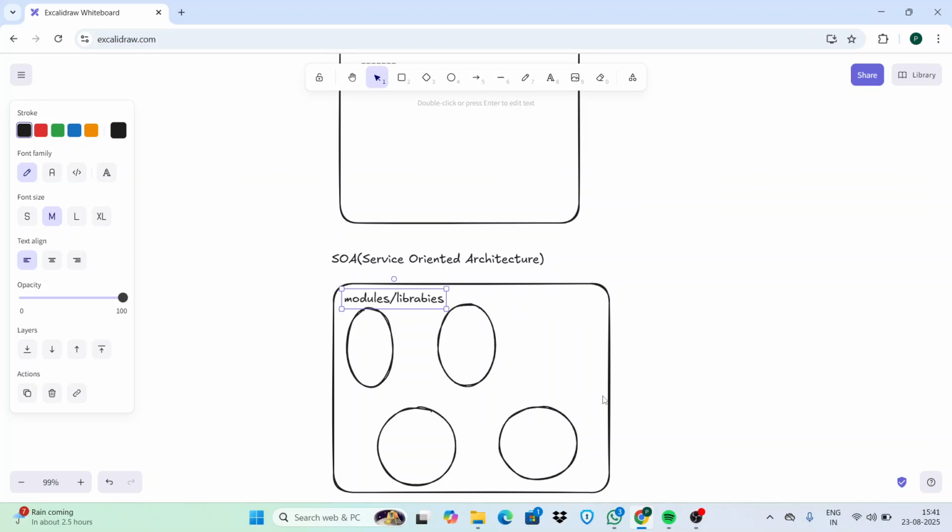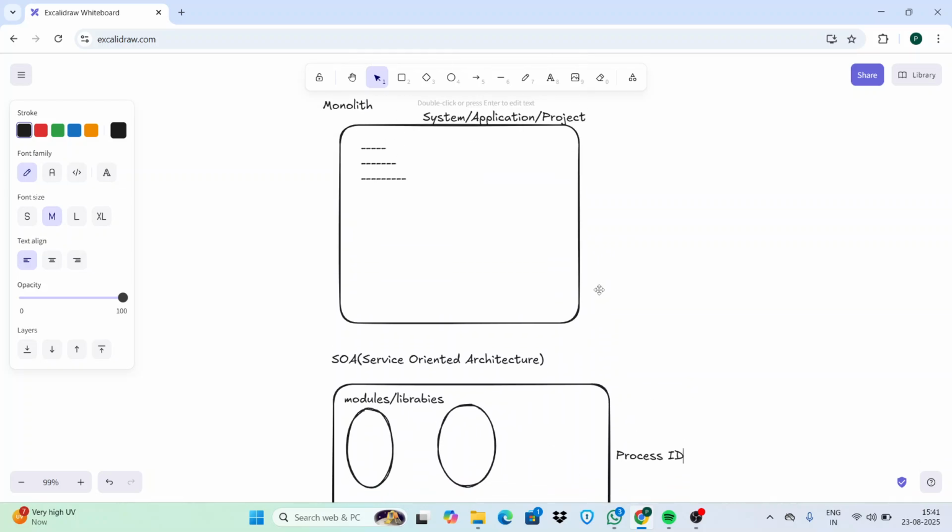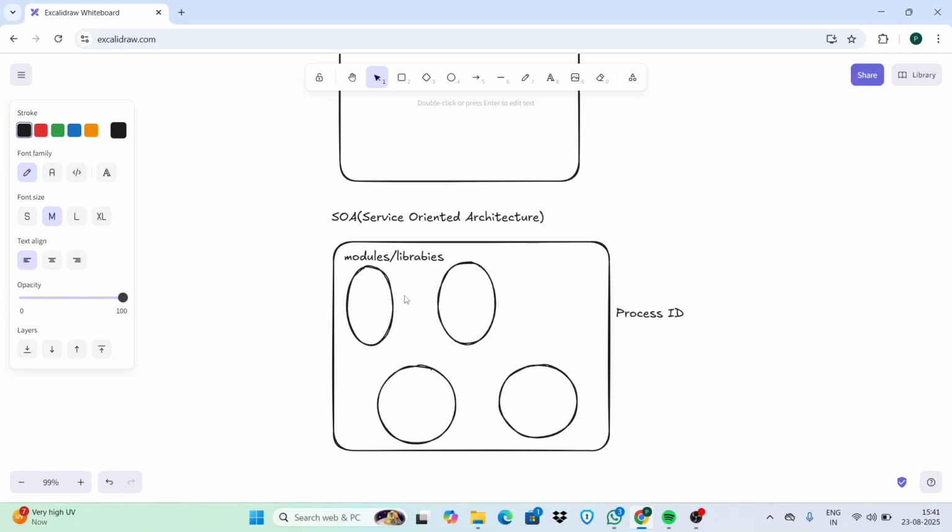That means when execution comes into the picture, it is executed in one process. These whole modules get executed as an application in one process ID. So what drawback is overcome from the monolith in SOA?